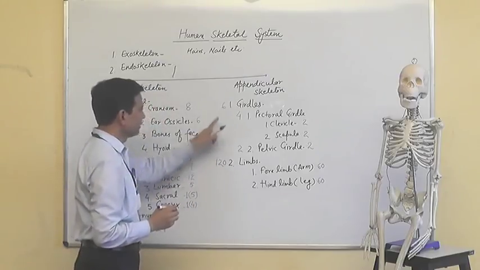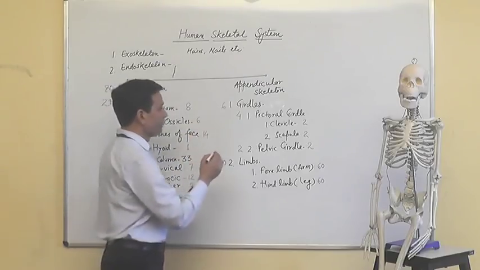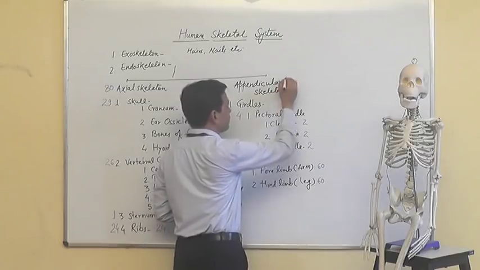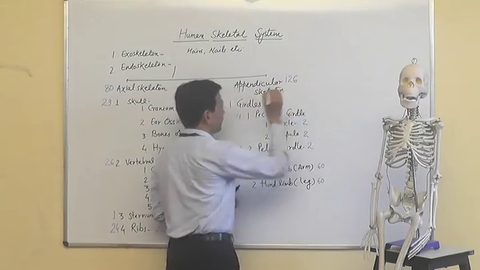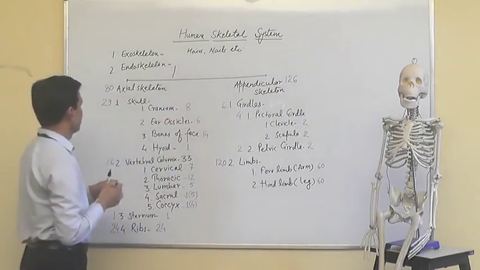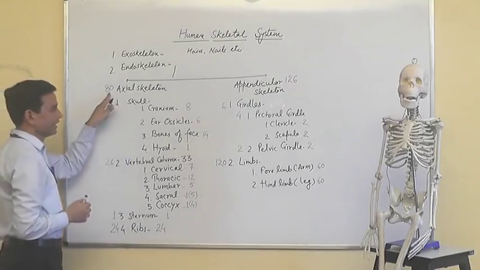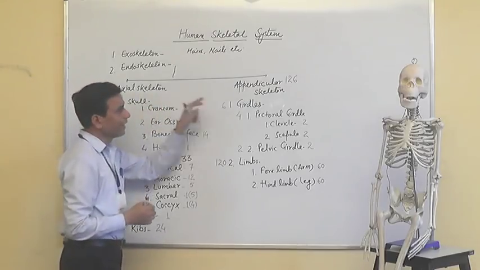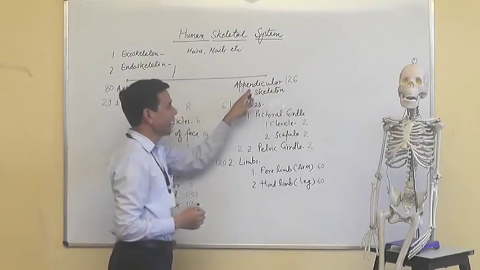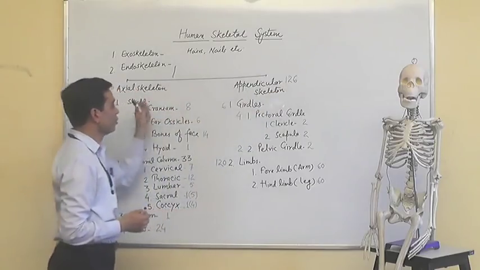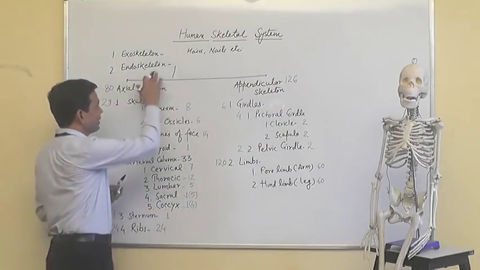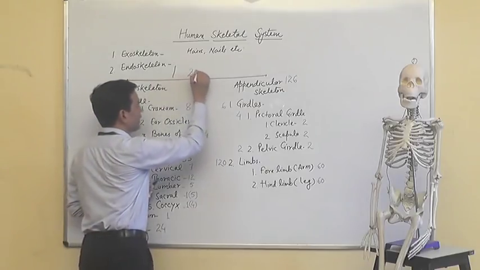So 120 plus 6. So total bones in our appendicular skeleton are 126. If we add 80 in axial skeleton and 126 in our appendicular skeleton, total bones in our endoskeleton are 206.